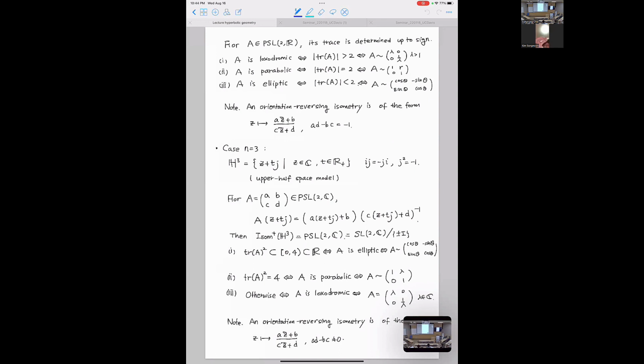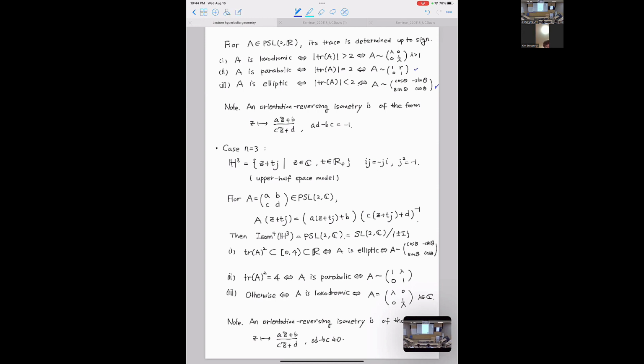In the parabolic case, the trace is plus or minus 2, and in the elliptic case, the trace is between minus 2 and 2. Also, a loxodromic element A is conjugate to a diagonal matrix like this, a parabolic is conjugate to this, and an elliptic isometry is conjugate to a rotation matrix.